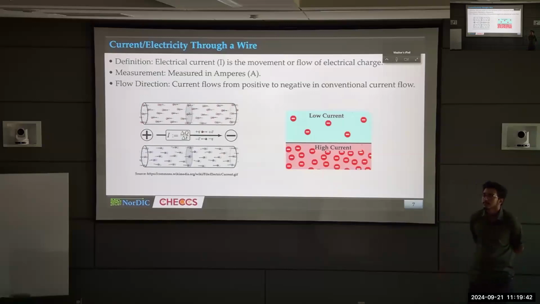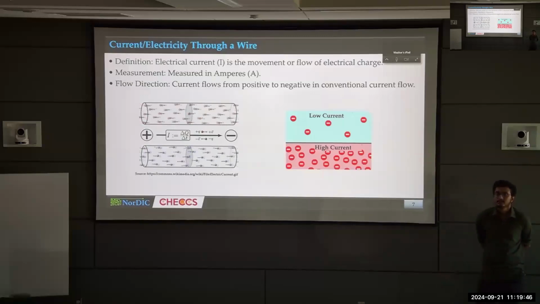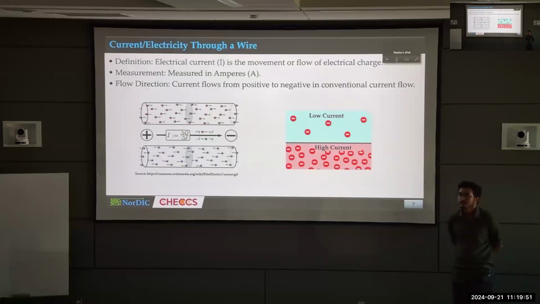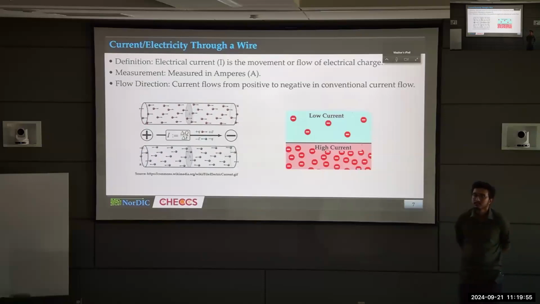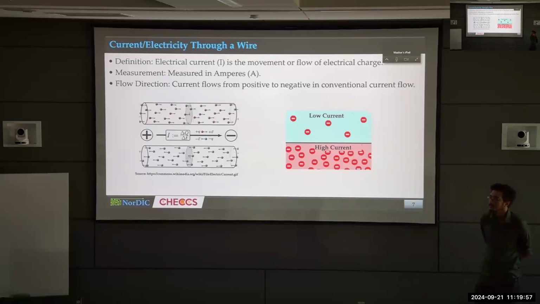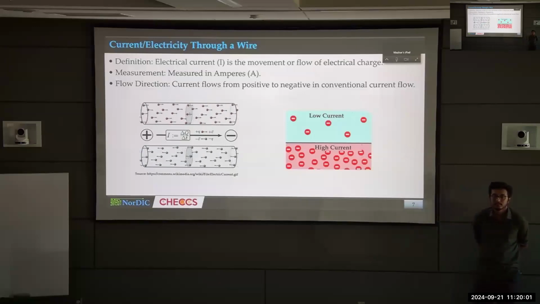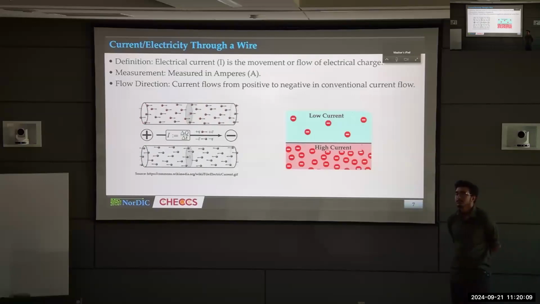The same thing applies here. If lots of electrons go through in a very small unit of time, then you have high current. So coulomb per second is our other unit, which is ampere. Ampere is also named after another scientist.